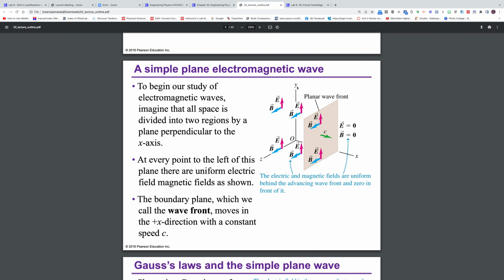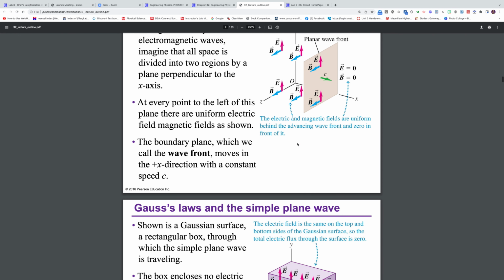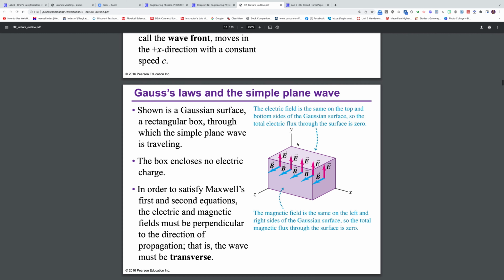We're going to see that the two vectors E and B are perpendicular to each other, and they are perpendicular to the direction of propagation, or the motion of the wave. We're going to talk again about the right-hand rule.